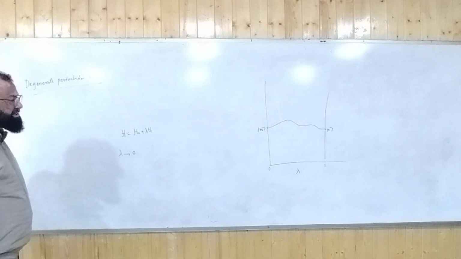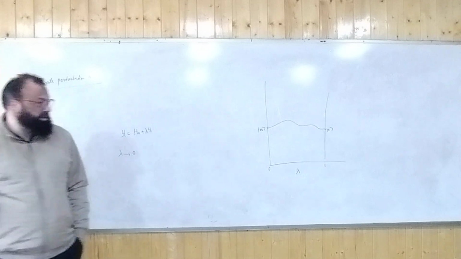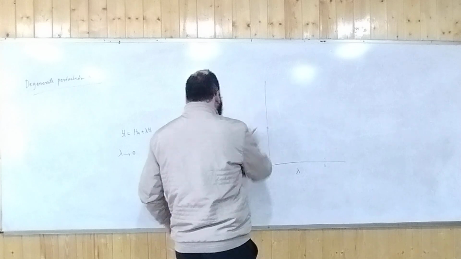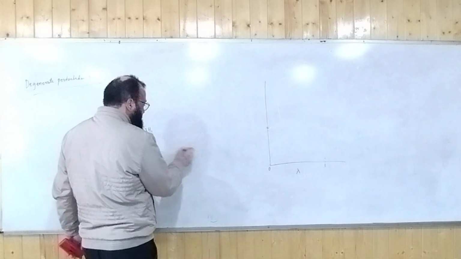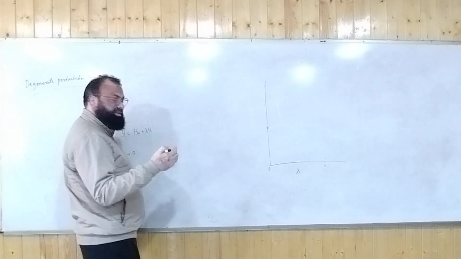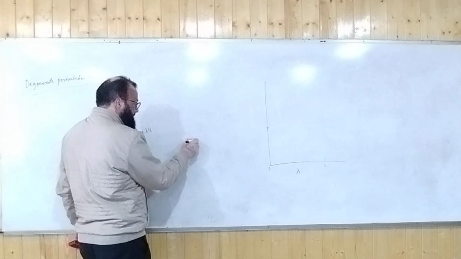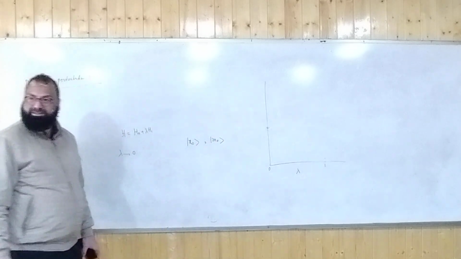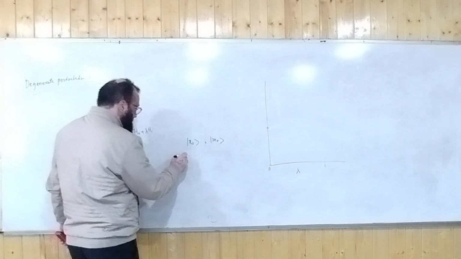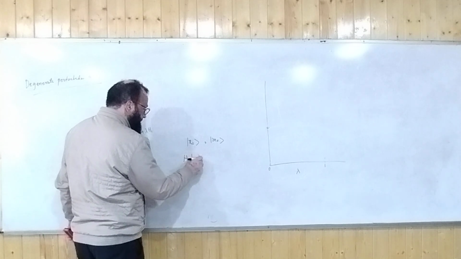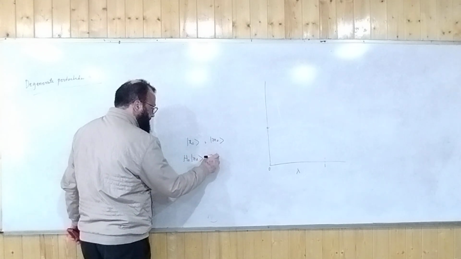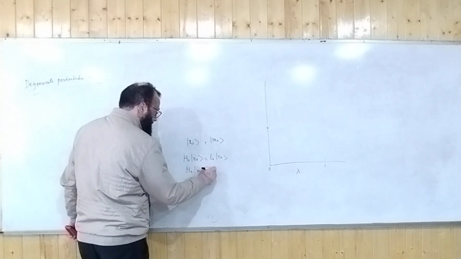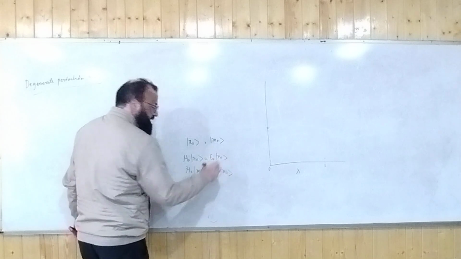Okay, so now let's assume there is degeneracy. What I mean by that: let's consider two unperturbed states, N0 and M0, which are degenerate. It means their energy is the same, let's call that E0, clear?